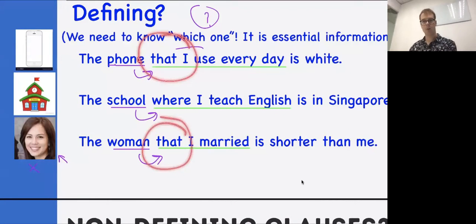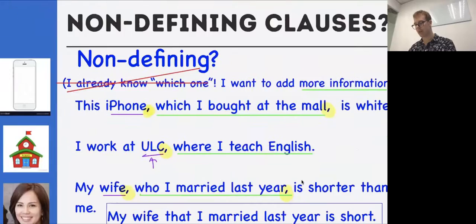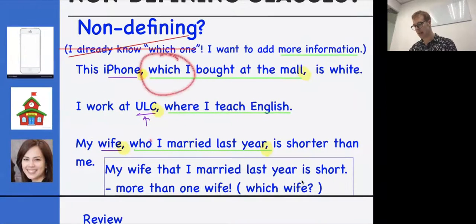If I'm giving you the which one answer, I can use that. But if I'm using the commas, if I'm just giving more information, I didn't use that. I have to use the who or the which. I cannot change them to that, okay? Cannot change them to that.